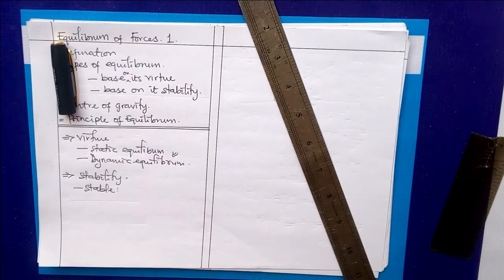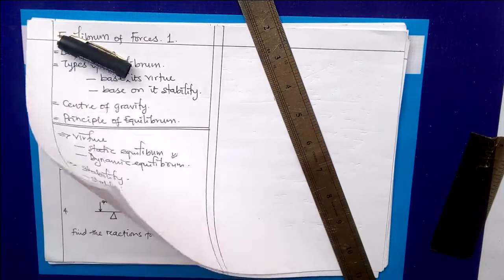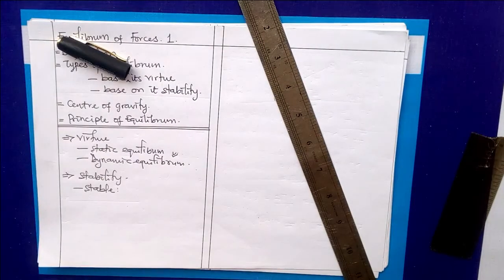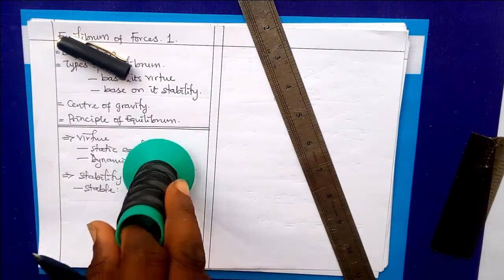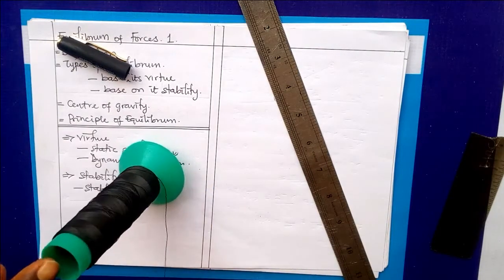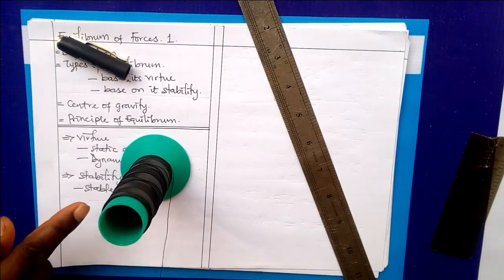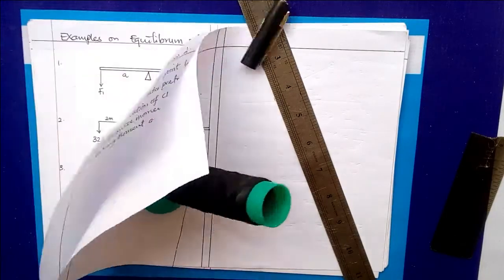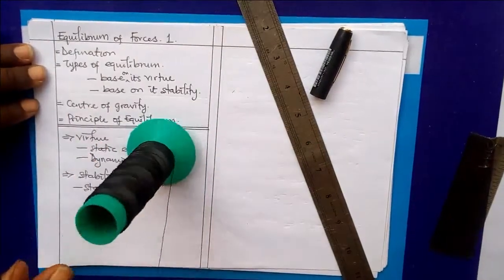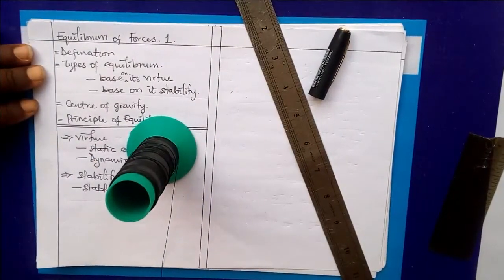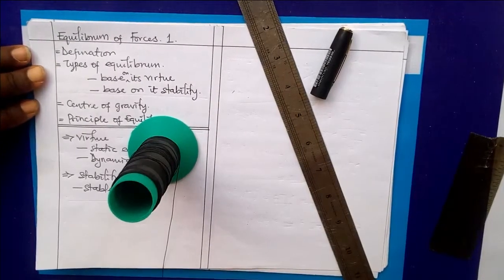So I will bring an example for you to see. When you have this body, when you slightly displace it, it returns back to its original position. It's said to be in stable equilibrium.